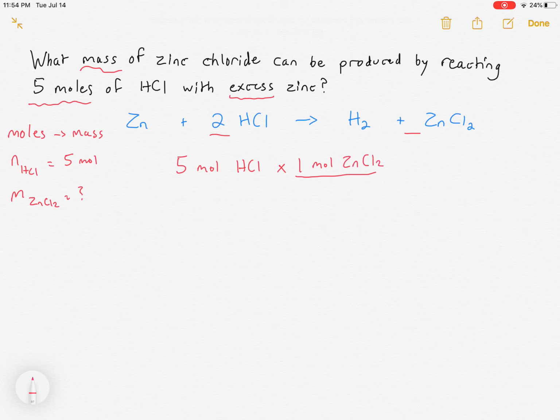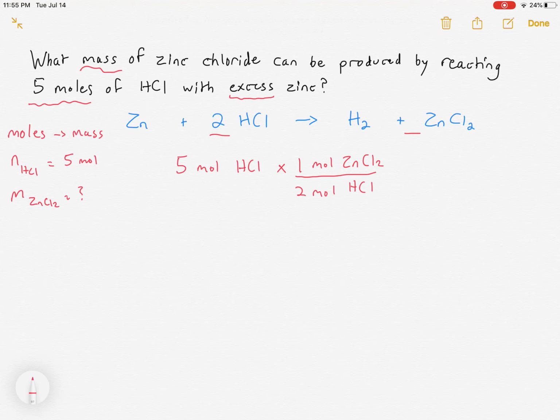So we have 1 mole of zinc chloride and 2 moles of hydrochloric acid. We know this makes sense because in this balanced equation, this is the same as saying, for every 2 moles of hydrochloric acid that go into this reaction and react completely, you'll produce 1 mole of zinc chloride. So that's how we can set that up.